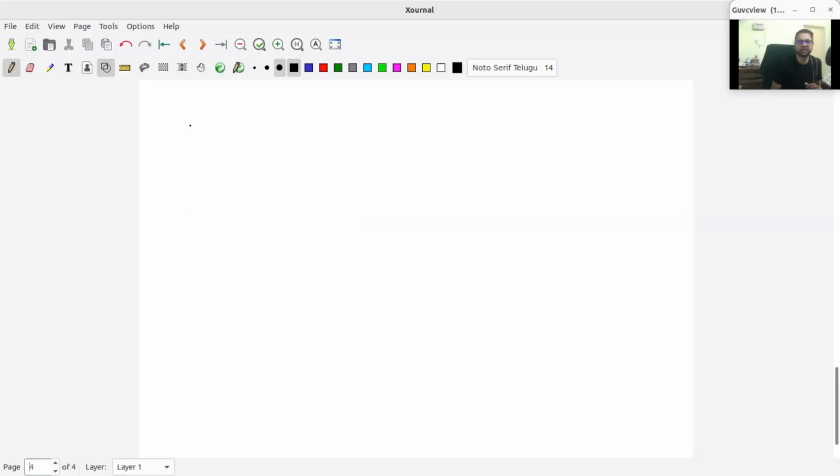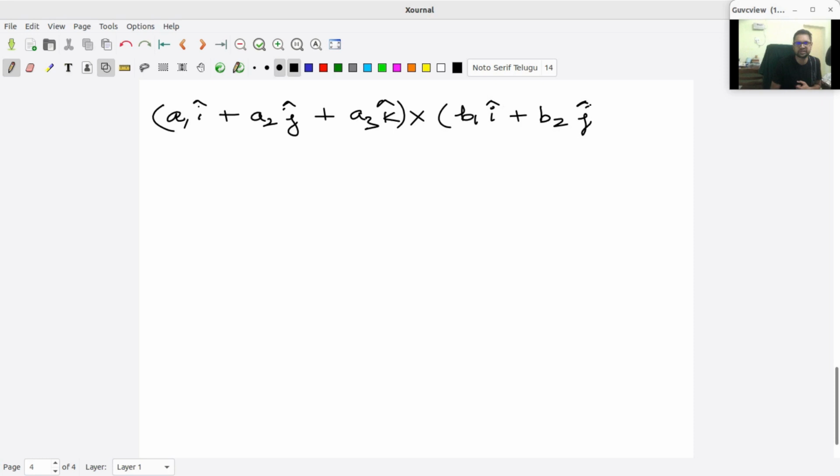The cross product of two vectors. Let's say a1 i cap plus a2 j cap plus a3 k cap is one vector, crossed with b1 i cap plus b2 j cap plus b3 k cap, which is another vector. We're doing a cross product of these vectors.